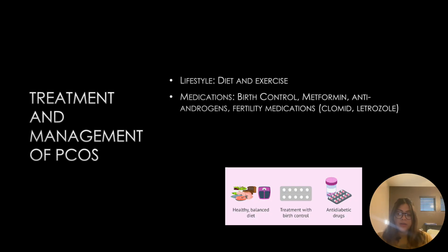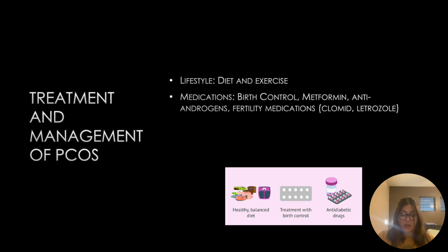How do you treat or manage PCOS? Right now there's not really a cure for PCOS yet, but there are many ways to manage it. For women who are not trying to get pregnant, birth control helps regulate periods and lower your androgen levels. For women who have insulin resistance, they usually give metformin, which can improve blood sugar and hormone balance. If excessive hair growth is a problem, medications like spironolactone can reduce androgen effects.